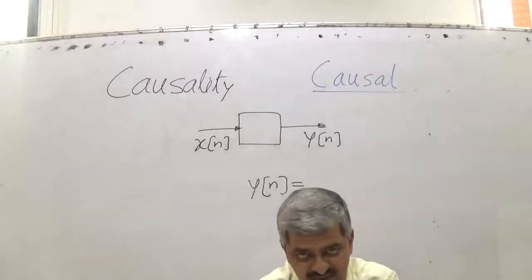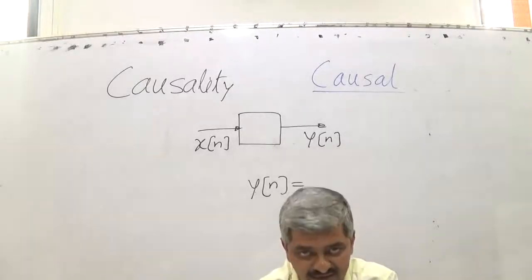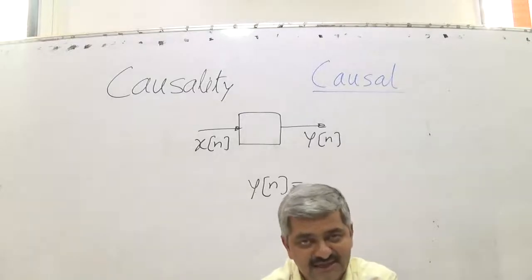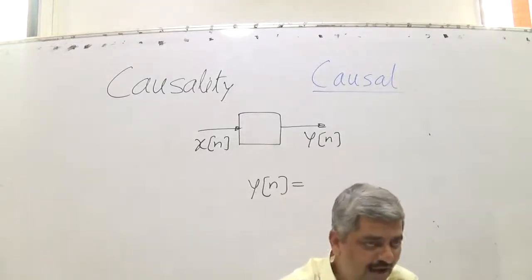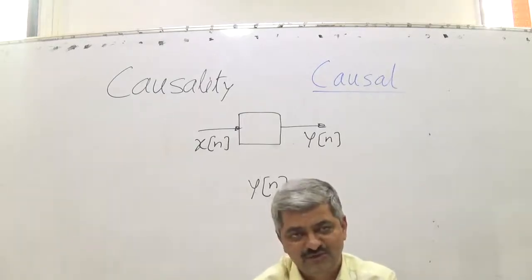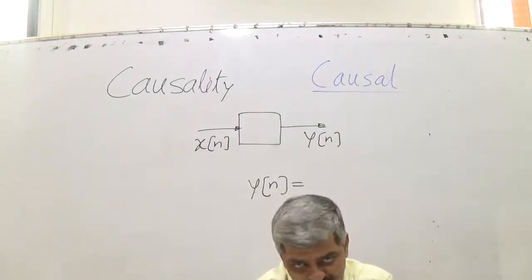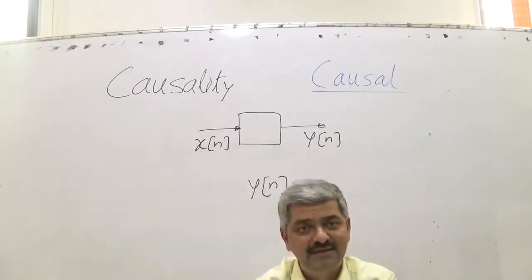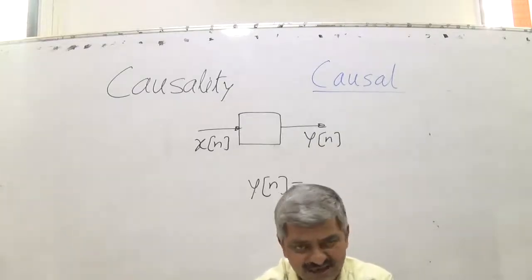These are 4 different properties and there can be 16 different combinations depending upon these 4 properties. While discussing one property, you need not be allergic about other properties. So when we are discussing causality, you need not stress that the system should be linear or time invariant. That is not required.